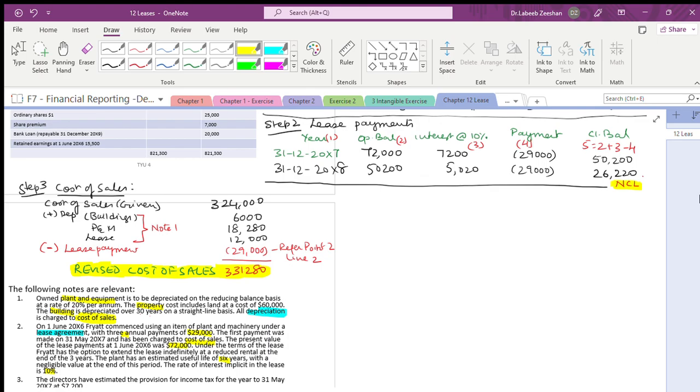The current liability is how much? 23,980. Exactly. I really appreciate your efforts. 26,220 comes to 23,980. Is it right? Current liabilities.